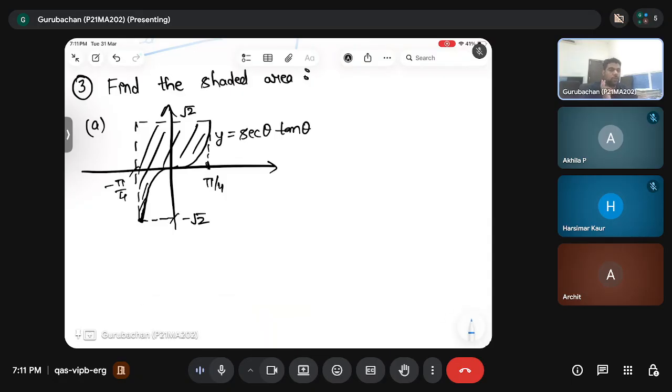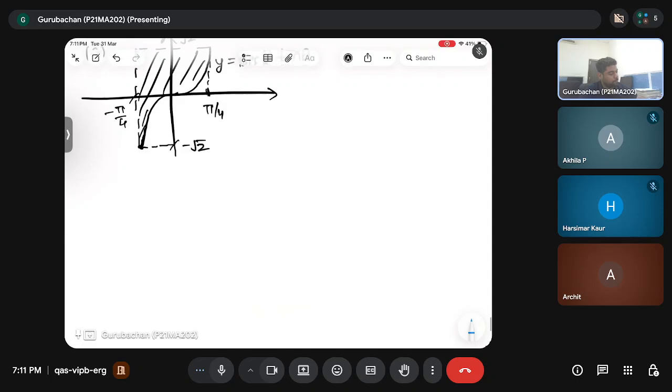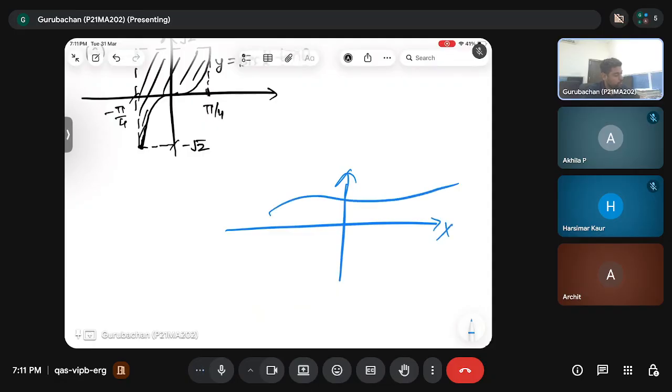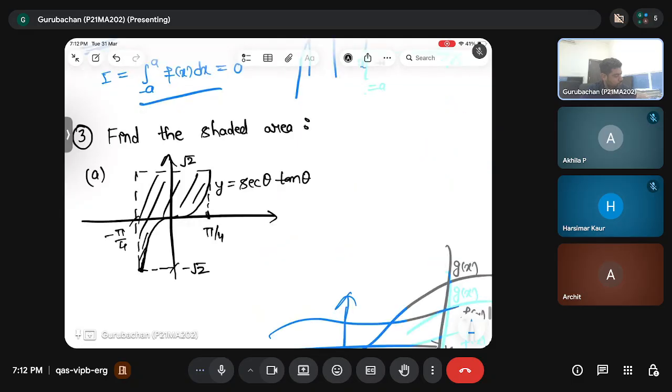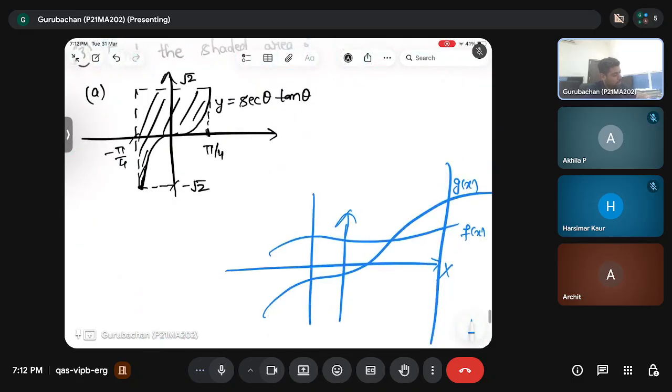See, I'll tell you the general approach. Whenever there are two curves, f(x) and g(x), and this is x equal to a, and this is the area that you need to calculate.